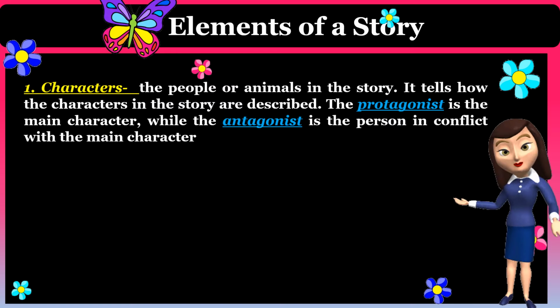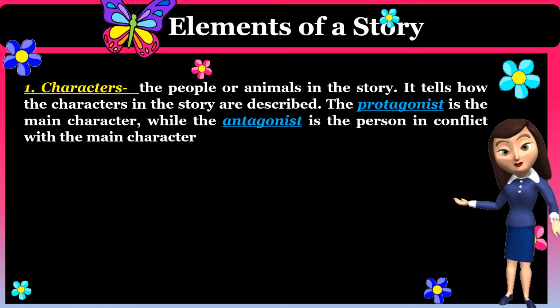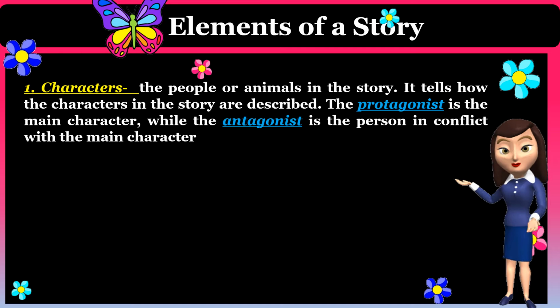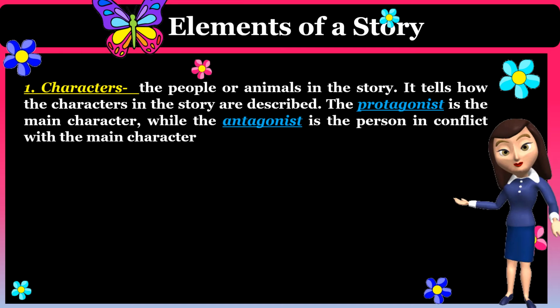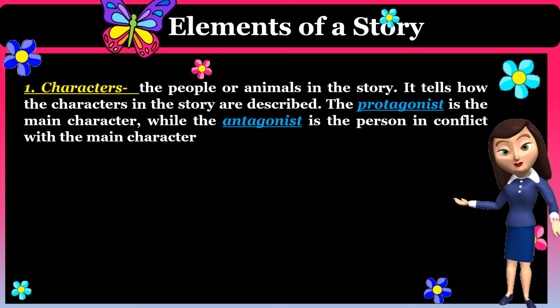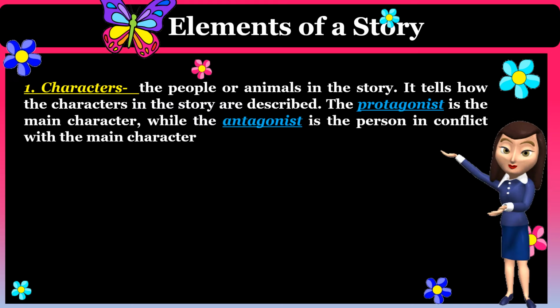The first one is the protagonist, which is the main character of the story, while the antagonist is the person in conflict with the main character. So, the protagonist in Tagalog is what we call the bida in the story, and the antagonist is what we call the kontrabida in the story. So, now you know, kids. You know what to call them now.